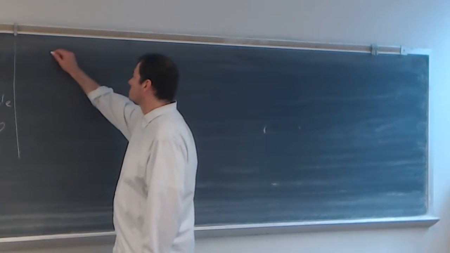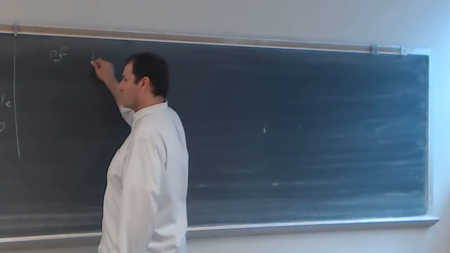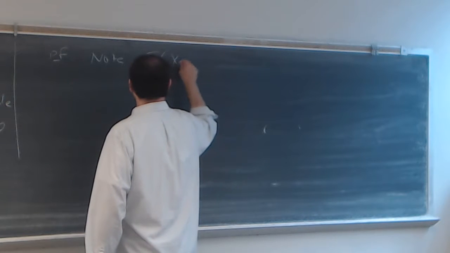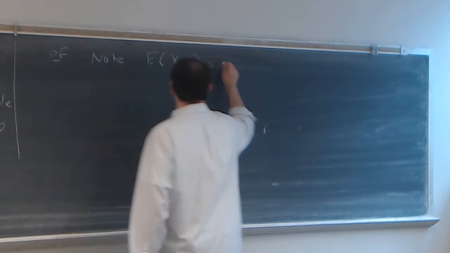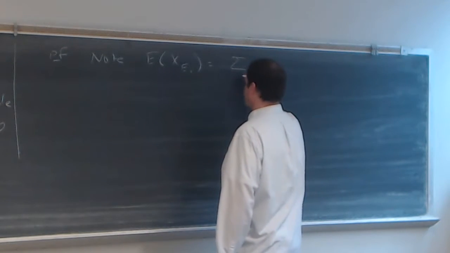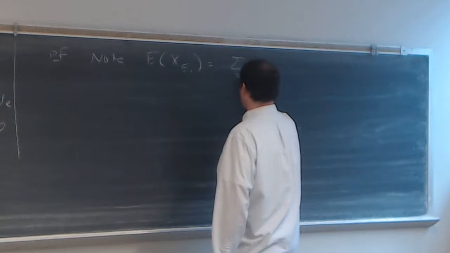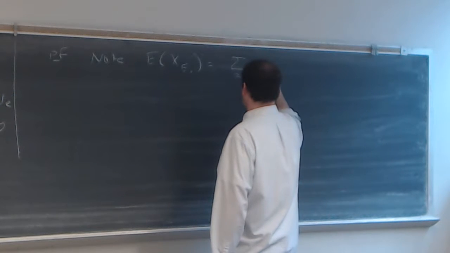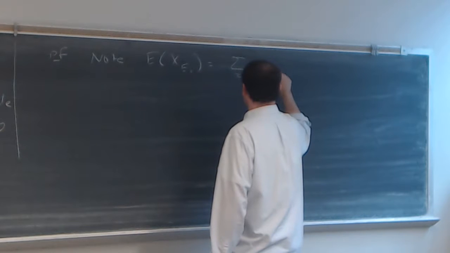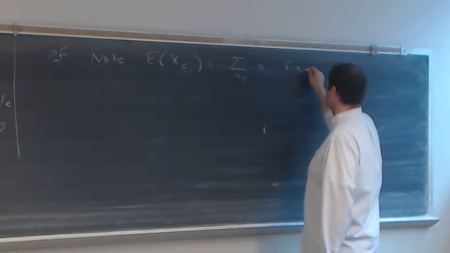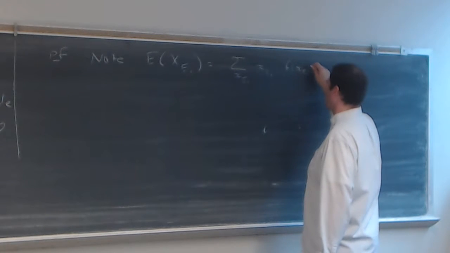So here's the proof. Note the expected value of the indicator X of E sub 1 is equal to the sum over all output values of X of E sub 1 times the PMF of X of E sub 1.